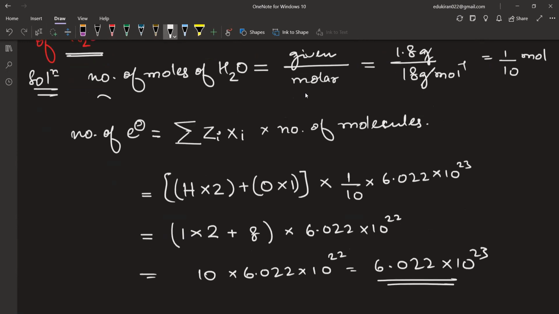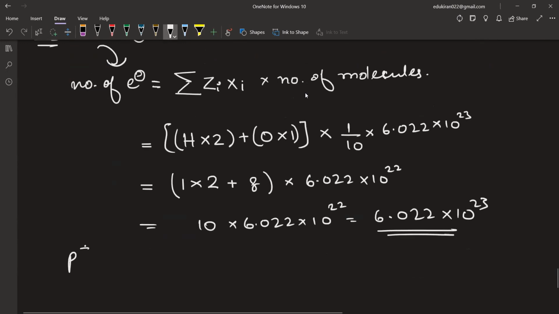Now we have this many electrons in one molecule of water. And since it is neutral, the number of protons will also be equal to the number of electrons. Please write this down.